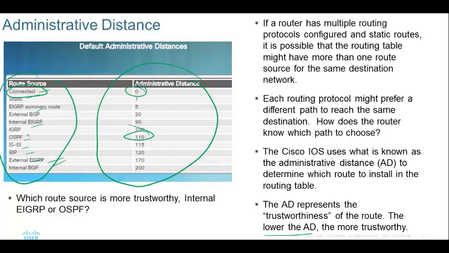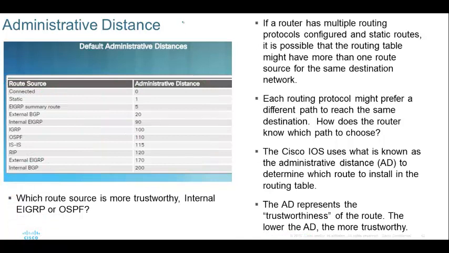I ask you a question now. This router is running OSPF. This router is running EIGRP. Both the routers are telling the path. EIGRP is saying go via the red line.